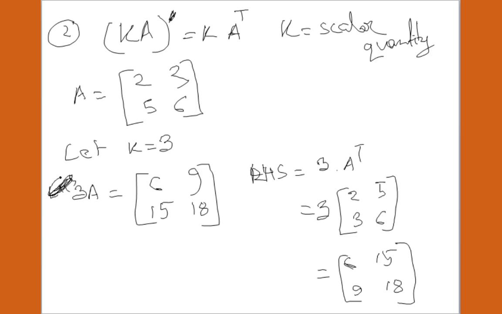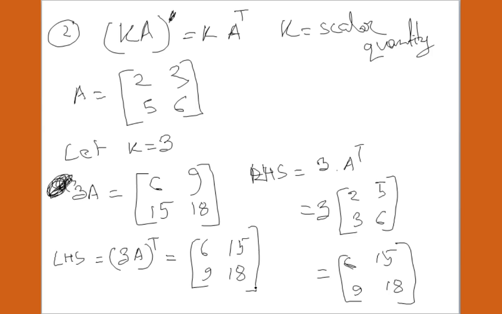Sorry, this is not the left hand side. The left hand side will be K A transpose. So the left hand side will be 3 A transpose, 6 9 15. See, these are the same. So this is the second property. Let's see the third property.